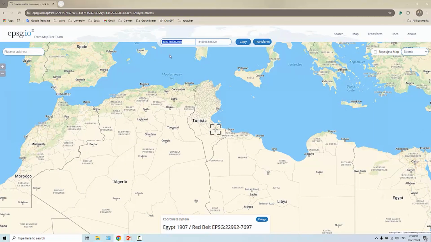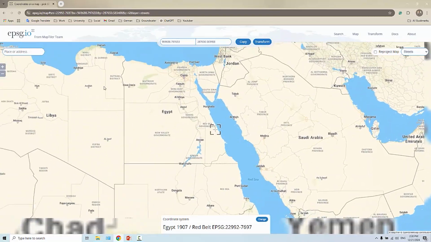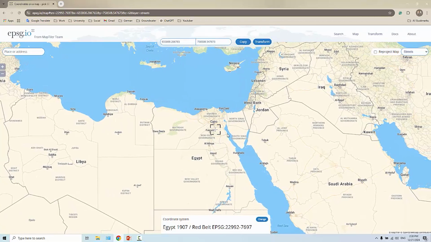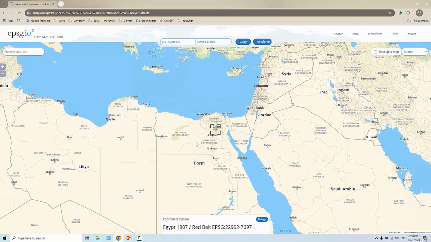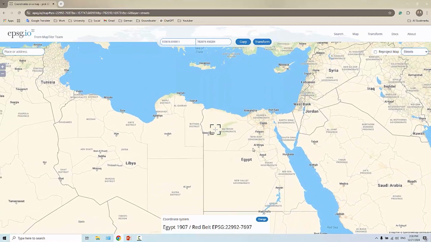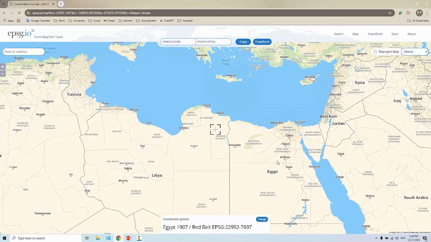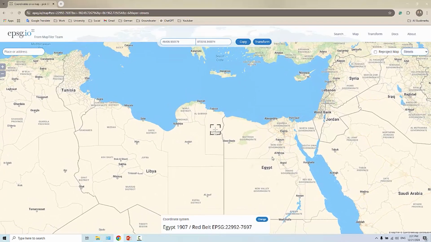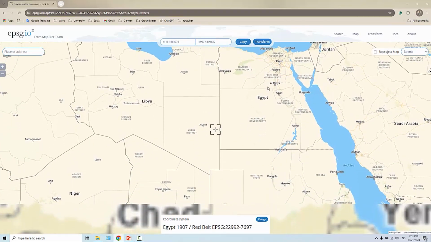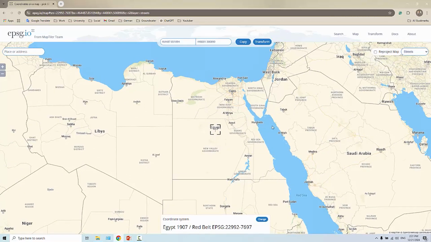Of course, I got negative values because it's not designed to be used in Tunisia, only inside the Red Belt, which is the middle of Egypt. Even if I decided to use it, I keep getting negative values when I go outside of Egypt, and it makes sense. But anyway, you understand the concept.